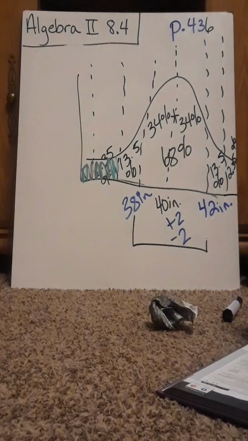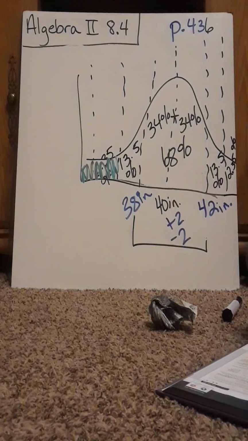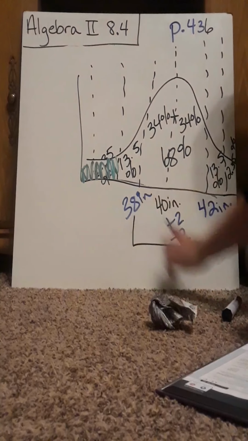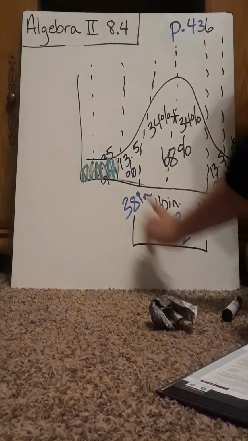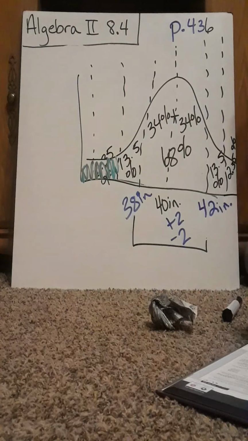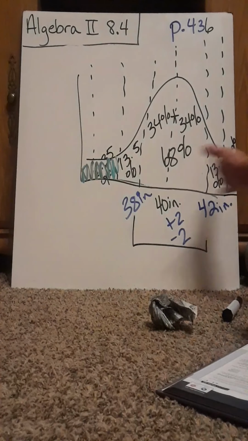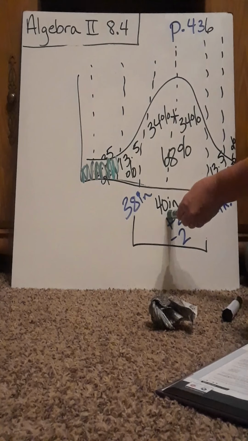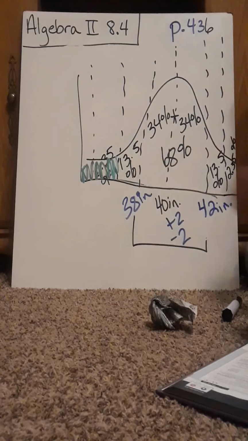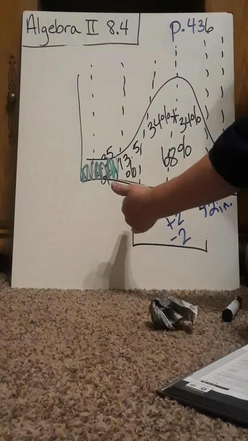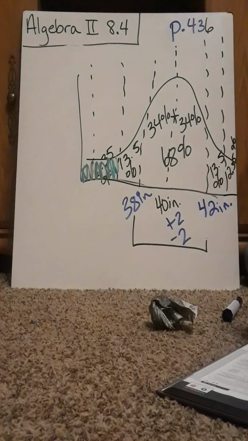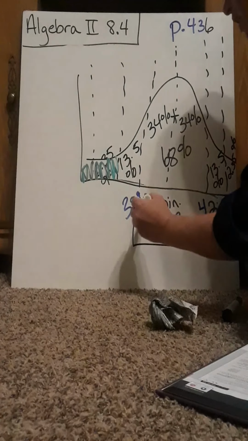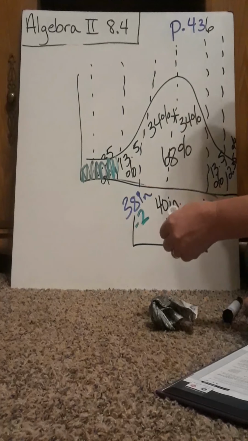Well, we know that the mean was 40, and we know that the standard deviation was 2. So every time we go a standard deviation away from the mean, we either have to add 2 or subtract 2. So if I'm at 40 and I want to go 1 standard deviation below the mean, I'm going to subtract 2. If I want to go 2 standard deviations below the mean, I need to subtract another 2.